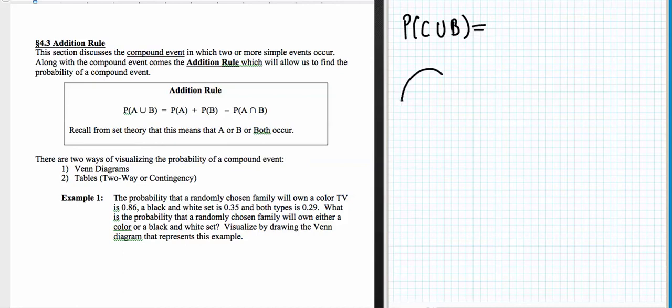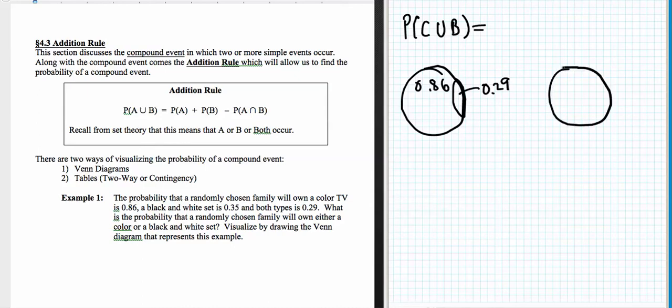So when we were talking about this 0.86, sorry, this 0.86 already had this 0.29 included in it, right? The overlap.